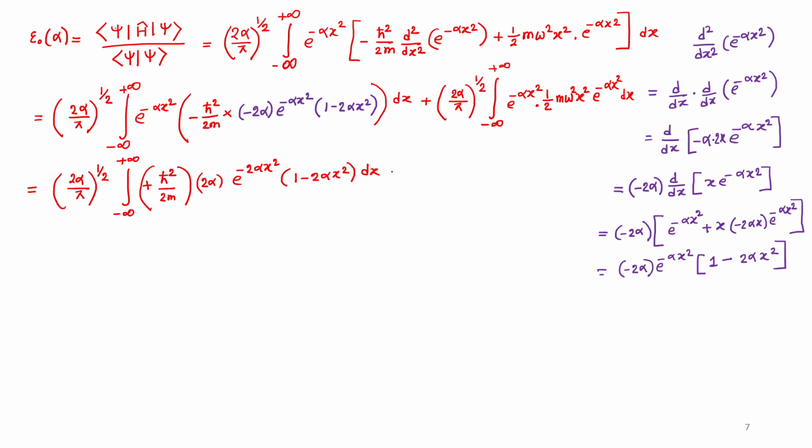Then that part is done. Now let us see about this part, 2 alpha by 5. It will be easier to take the constant outside. You can do that. And we have x square, alpha x square.